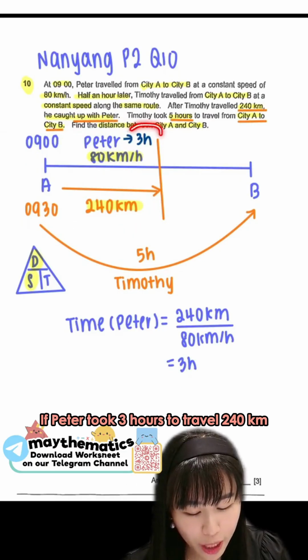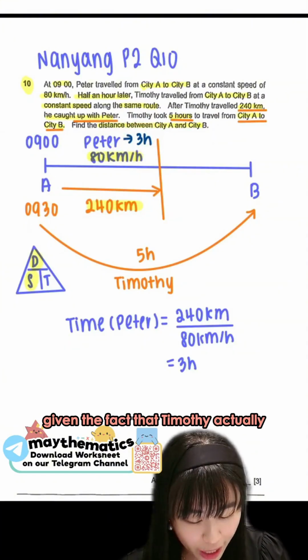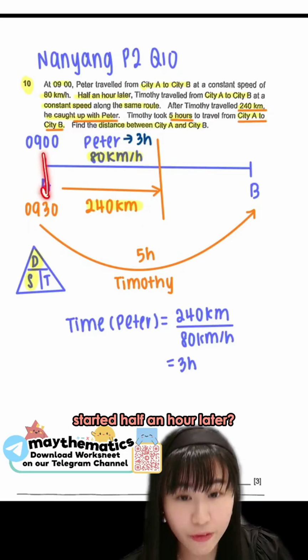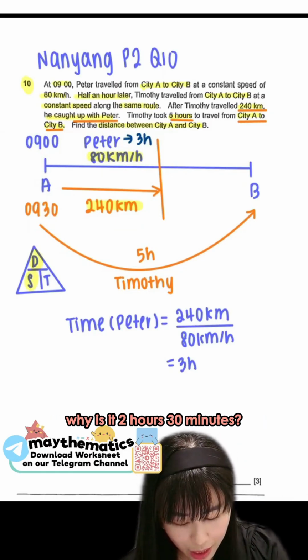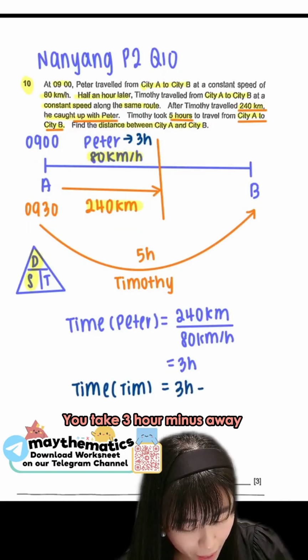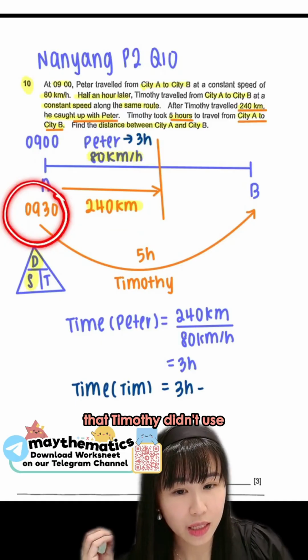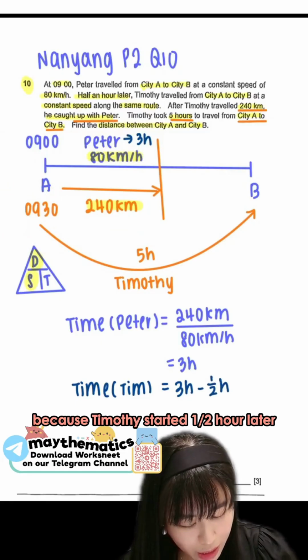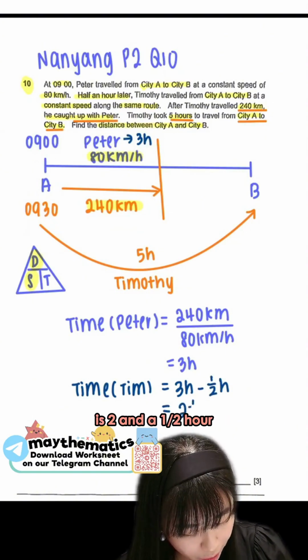If Peter took 3 hours to travel 240 km, what about Timothy? Given the fact that Timothy actually started half an hour later, 2 hours 30 minutes. Do you understand why it is 2 hours 30 minutes? You take 3 hours minus that half hour that Timothy didn't use, because Timothy started half hour later. So 3 hours minus half hour is 2.5 hours.